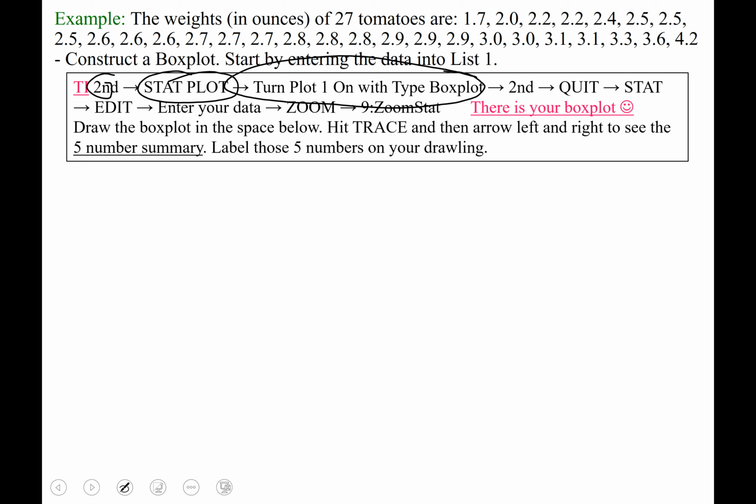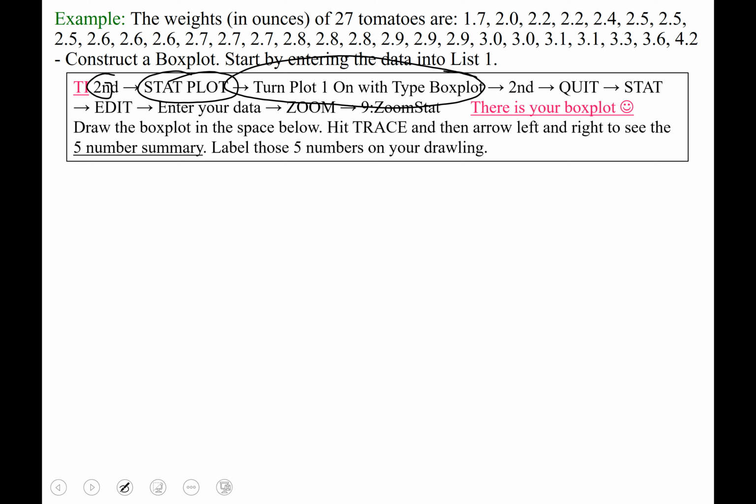The fourth one over is a modified box plot, but this one just asks us to construct a box plot. So I want you to go over again to the fourth little graph, and it looks like a little tiny box plot, and hit enter once you're there. All right, next thing it's requesting is the X list. I entered mine into list 1, so I have the L sub 1 there. Frequency is 1. Okay, now we're all set.